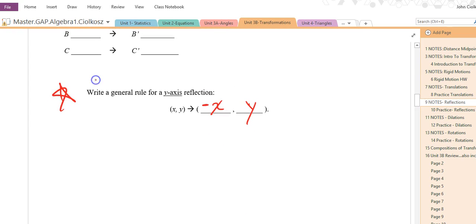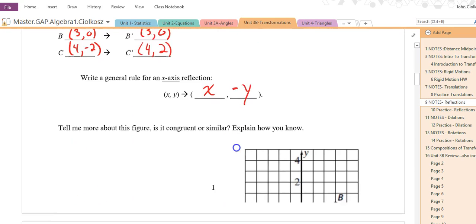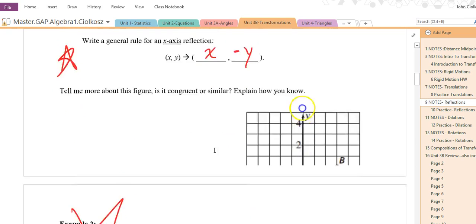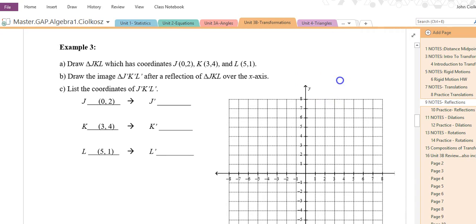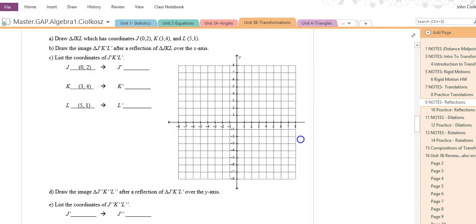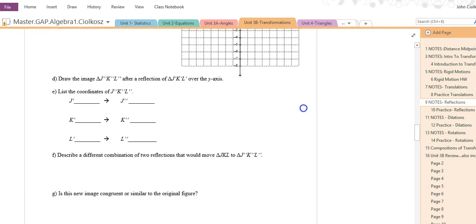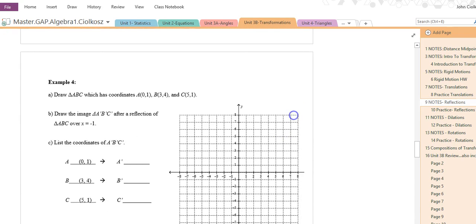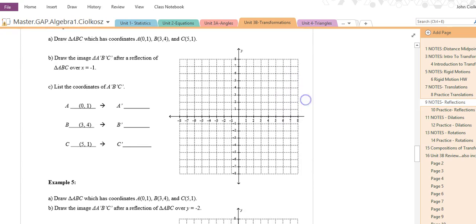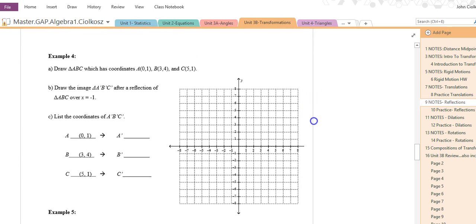These would be great things to maybe throw on a note card when I was taking this test. These ones shouldn't be too bad for us. So let's go ahead and try example 4.